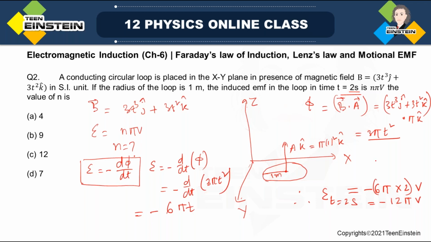Let us take the magnitude of that, and not worry about the minus sign. So n pi can be equated to 12 pi. What is the value of n then? n is equal to 12. So this is the answer, and option C will be the correct answer here.